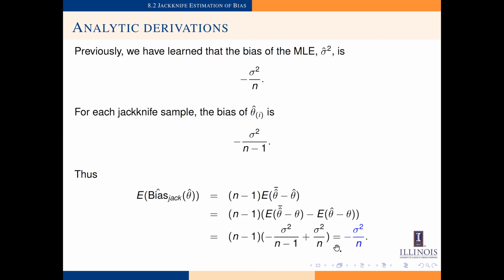So after working out the arithmetic, we'll be able to see that this thing evaluates exactly to negative sigma squared divided by n, which is the theoretical bias of the MLE with sample size of n. You can see that in this case, our Jackknife estimator for the bias of the MLE is unbiased.